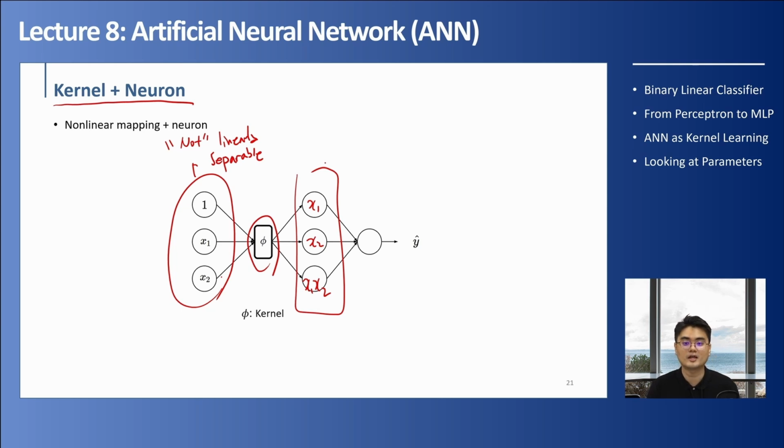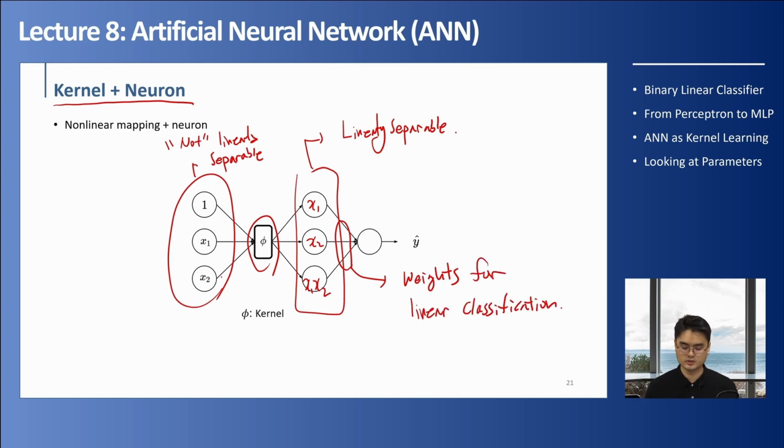However, we saw that if we transform our space using x1, x2, and x1 times x2, now this becomes linearly separable. And therefore, if we are able to learn the weights here properly, then we can do some linear classification.